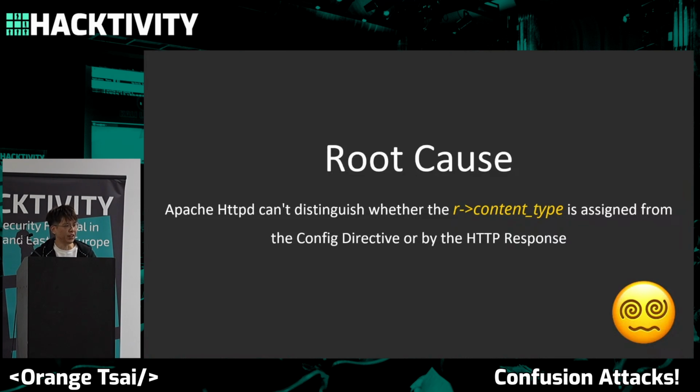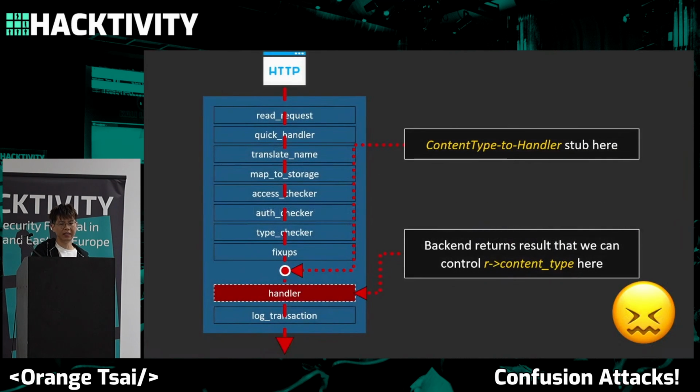While using this field, Apache cannot distinguish which one it is. So following this idea, if we can control the content type field, we can invoke an arbitrary handler. Is that right? It's very promising. However, the situation is not as simple as it seems. In practice, all the code paths that can modify the content type are after the legacy conversion.